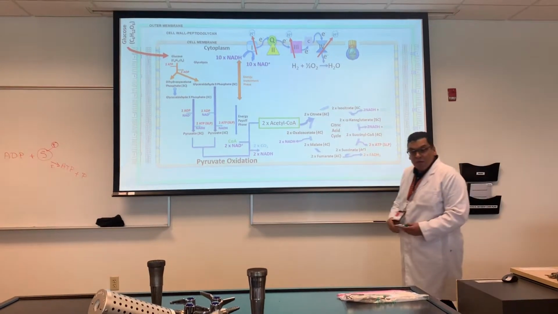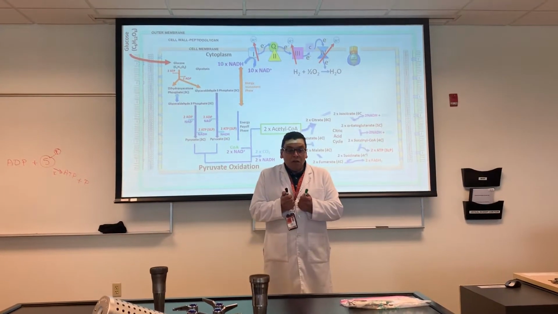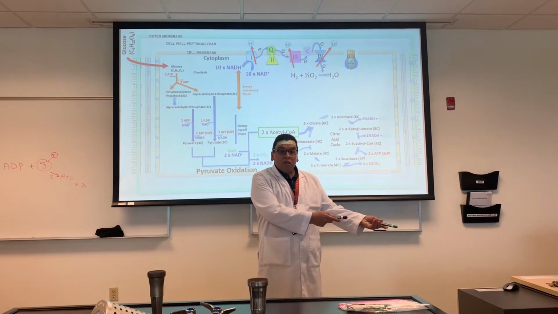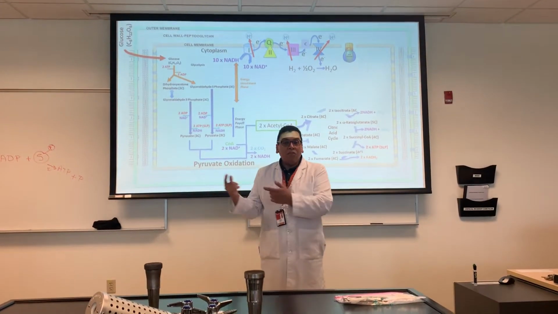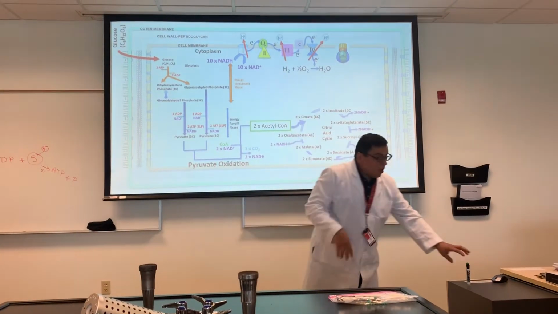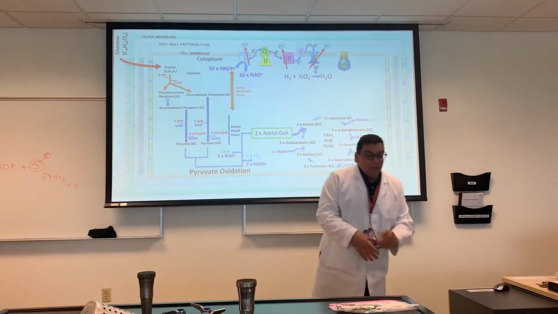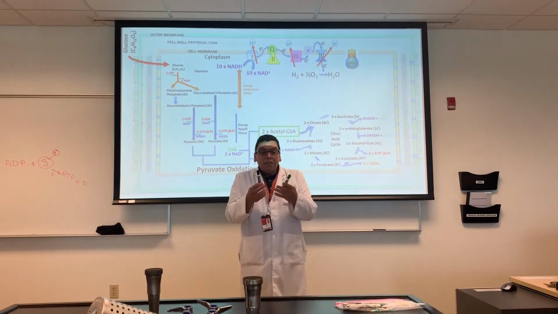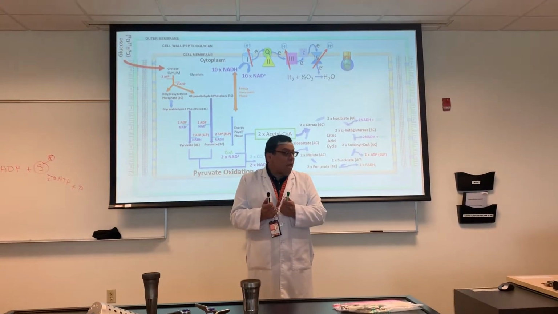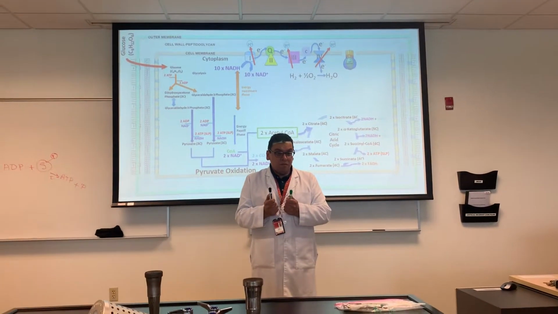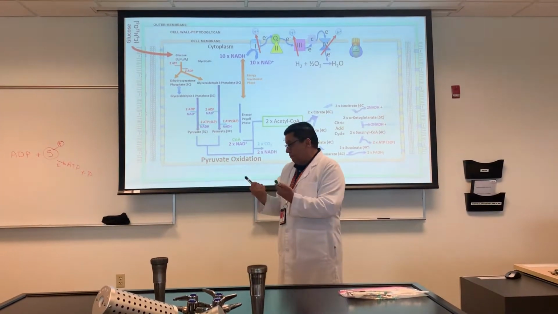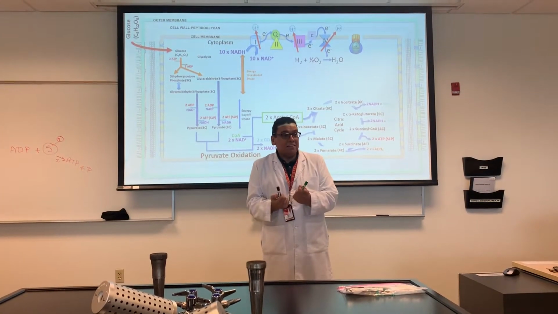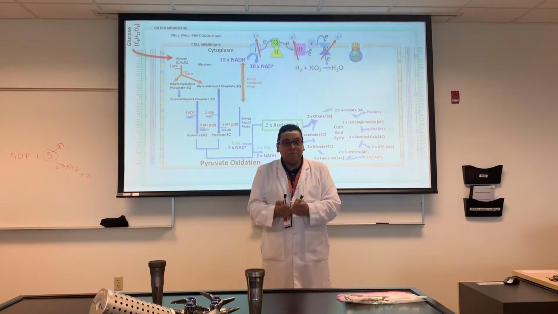If the next event occurs with complex 4 having the electrons still, it'll be equivalent to this. Let's say I'm complex 4 and you give me electrons. I have to hand it off to oxygen so that my hands are free to take 2 more in the next event. Let's say you don't do that. Let's say I get electrons, but I can't give it to oxygen. Then you try to give me 2 more, and I'm like, I can't.